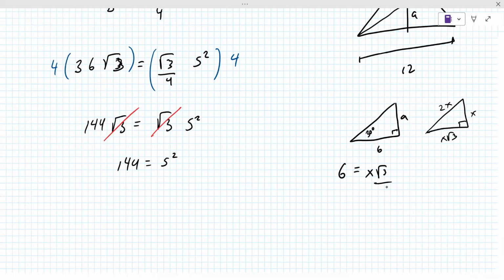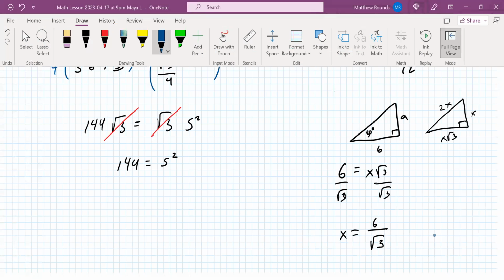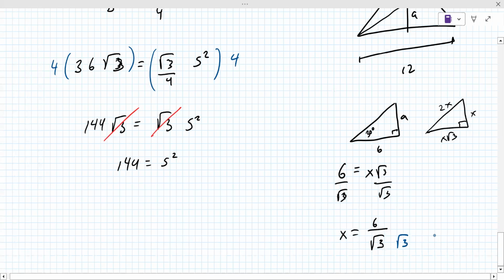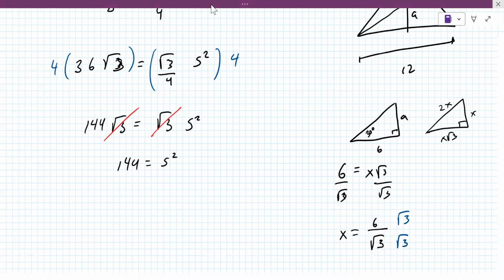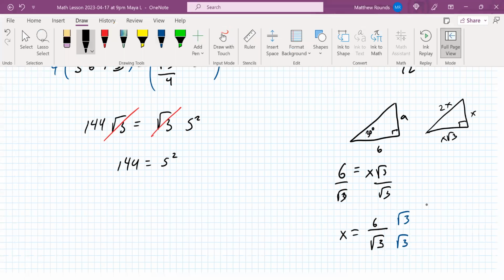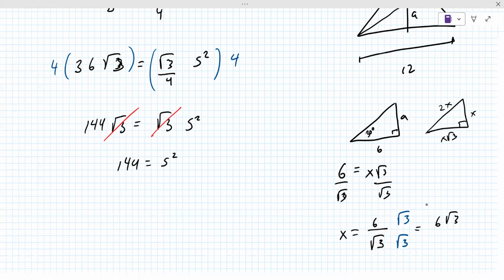Divide both sides by the square root of 3. Then my teacher likes us to rationalize the denominator. It's not necessary. You know, it's a preference. It's a lot of extra work though in some cases. So 6 over root 3 would come out to 6 root 3 over 3, but then that just simplifies to 2 root 3, right?